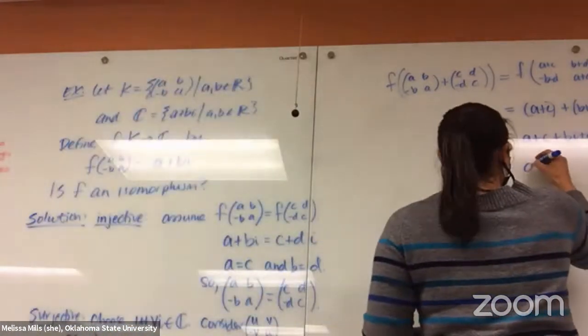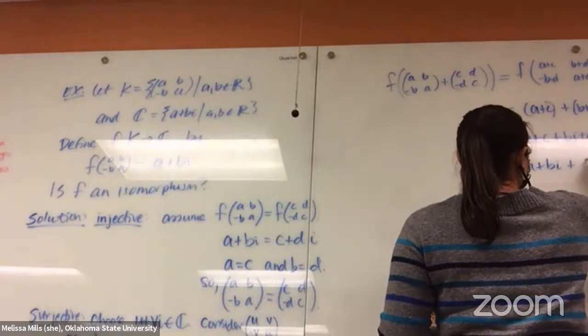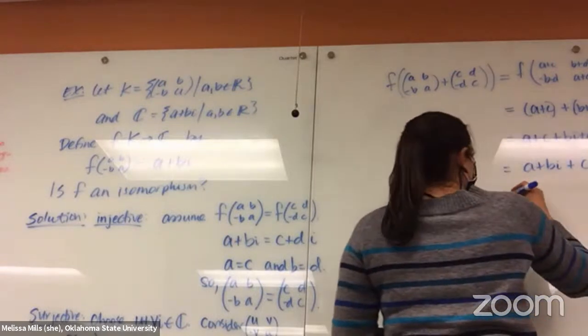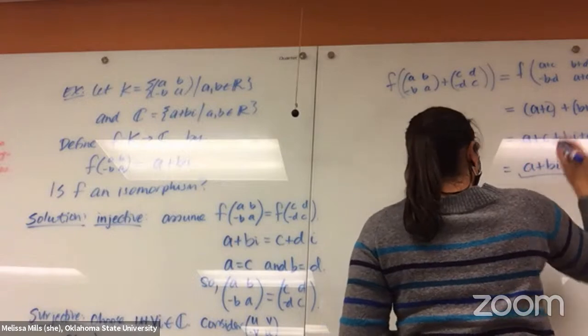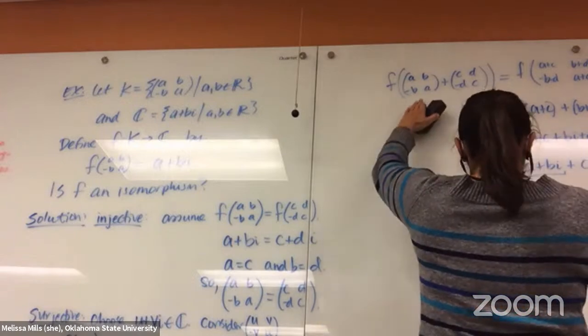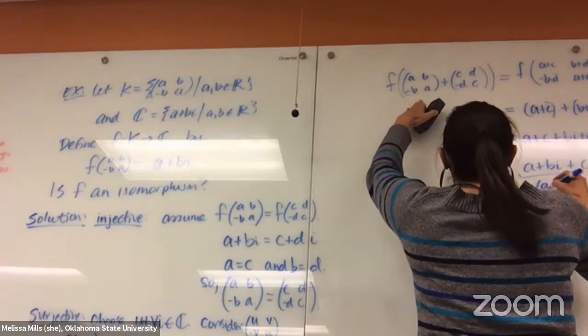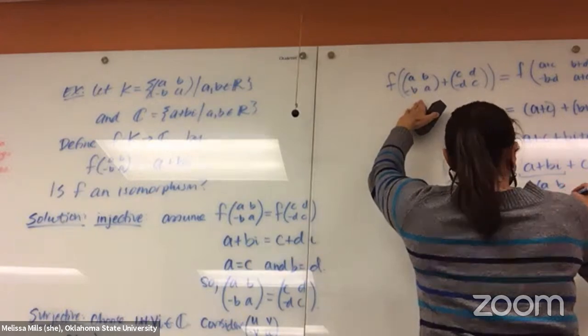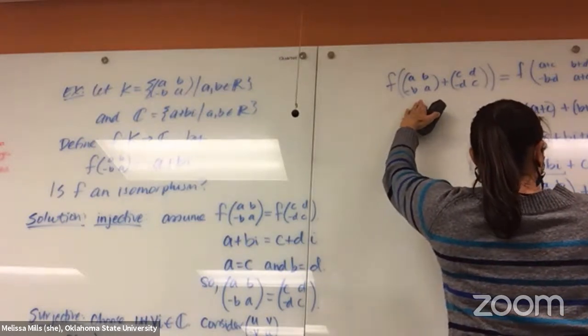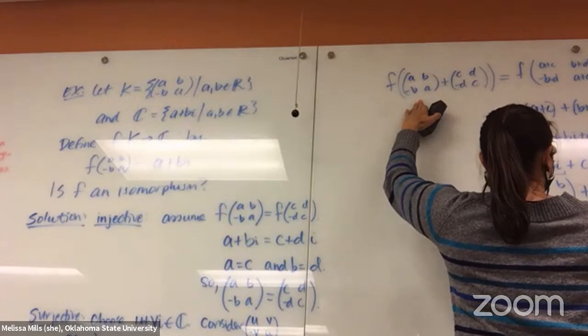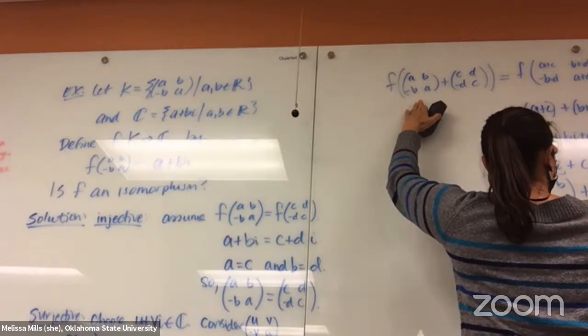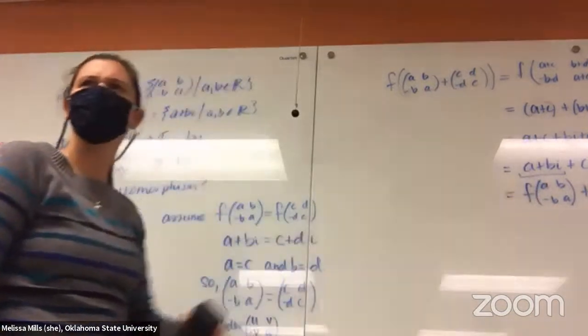So this is going to be A plus BI plus C plus DI. And what is A plus BI? F of A, plus F of C. You see how these proofs work?